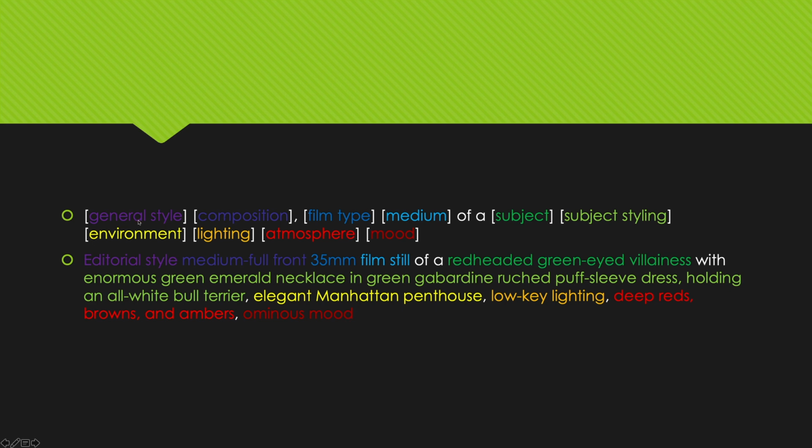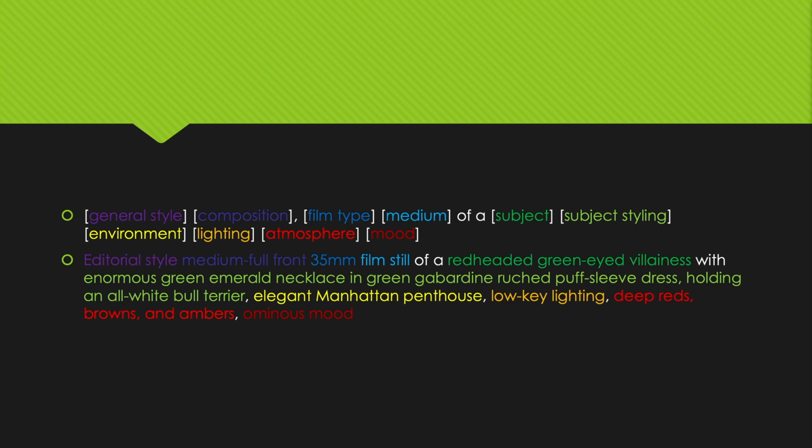Now, you do not need all of these tokens, all of these different elements in your composition. You can just choose one or two, but this is the full schmear, I suppose you could say. The entire picture.